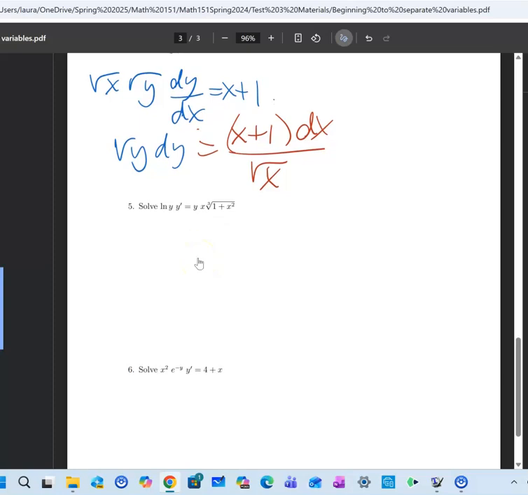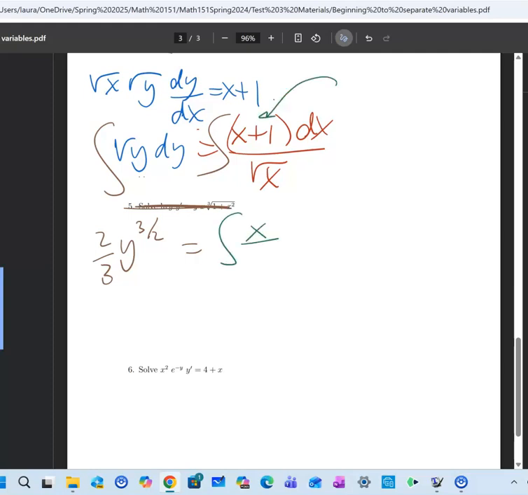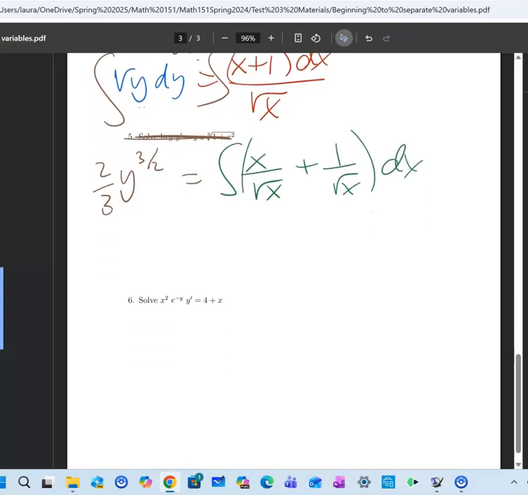Okay, so now I'm ready to take the integral. You know that's y to the 1/2. And so that turns into y to the 3/2 times 2/3 equals, oh dear, what do we do with this? Oh, right, we've got addition in the numerator, so we separate it, so that I can do just easy power rule for each of those.